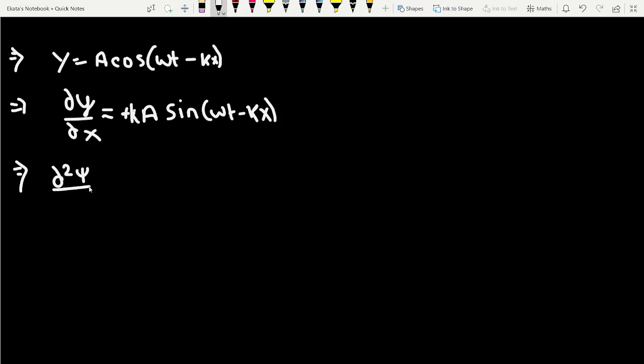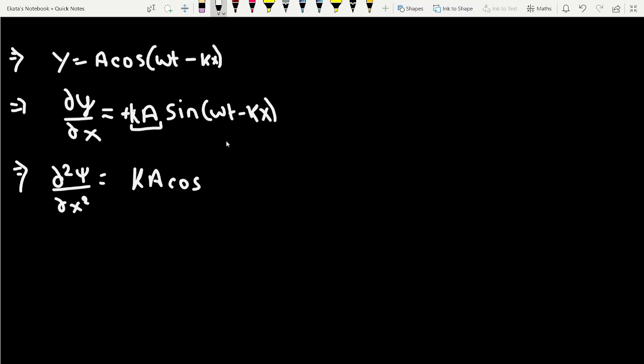Now let's do this differentiation again. We write del 2y by del x2 is equal to, first of all, take the constant out of the differentiation sign. The differentiation of sine is cos, so let me write it as Ka cos of omega t minus kx.